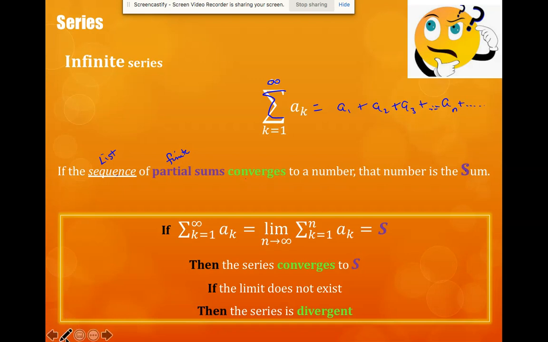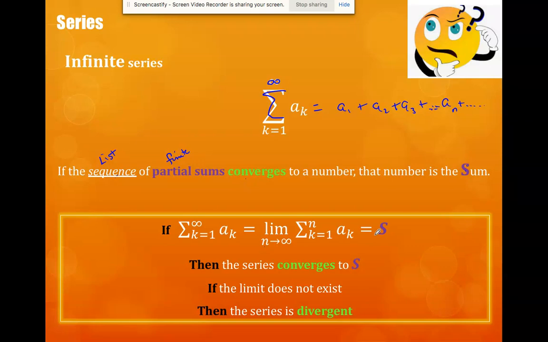Oh my God, what is that? That's what this says. If you have an infinite series and the limit as n, the number of terms, goes to infinity, of the sum from k equals 1 to n, is a number, you've been doing limits for a long time now.